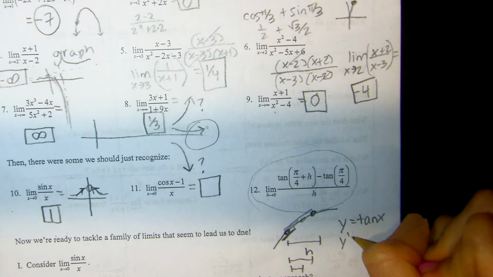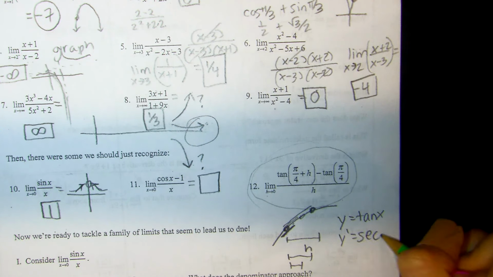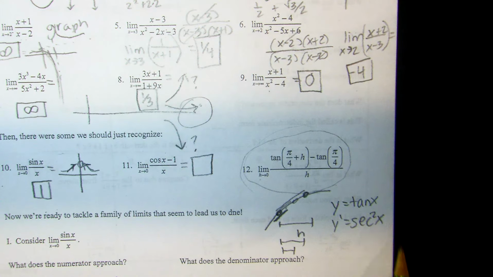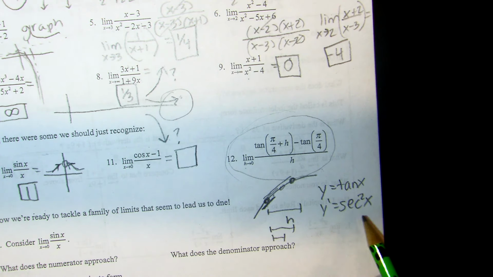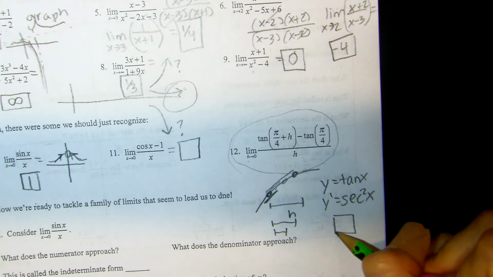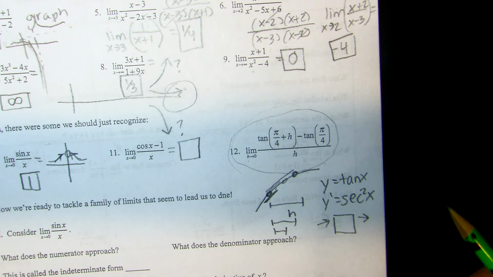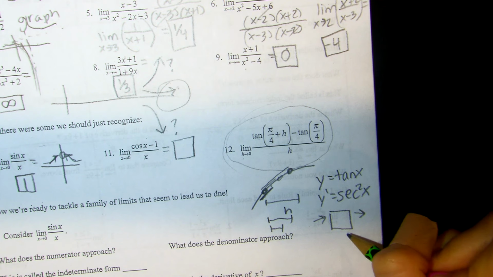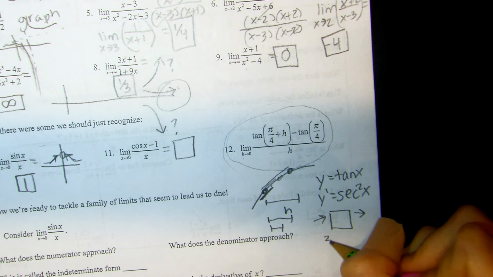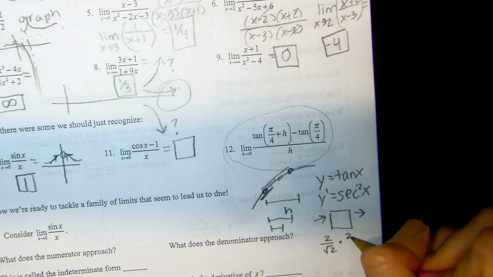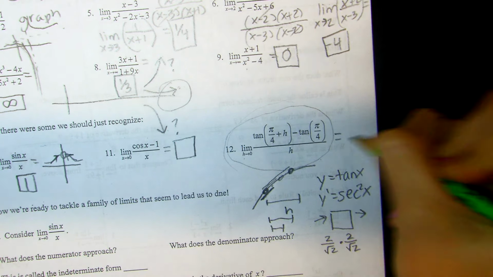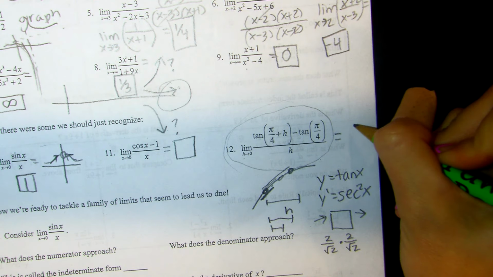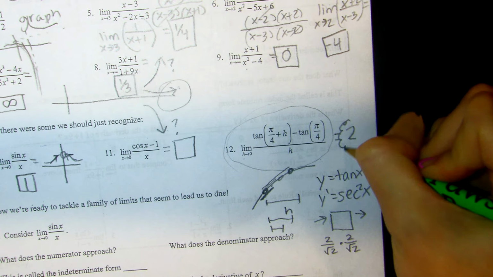I would go, okay, well, I know the derivative of tan, my slope spitter outer, is secant squared. And then I would just plug pi over 4 into my slope spitter outer. So if I plug pi over 4 in, what do I get out? Oh goodness, secant of pi over 4 is the flip-flop of cosine of pi over 4. So instead of root 2 over 2, it's 2 over root 2, which of course I'm then squaring. So for this problem, I would put 4 over 2, which is 2.